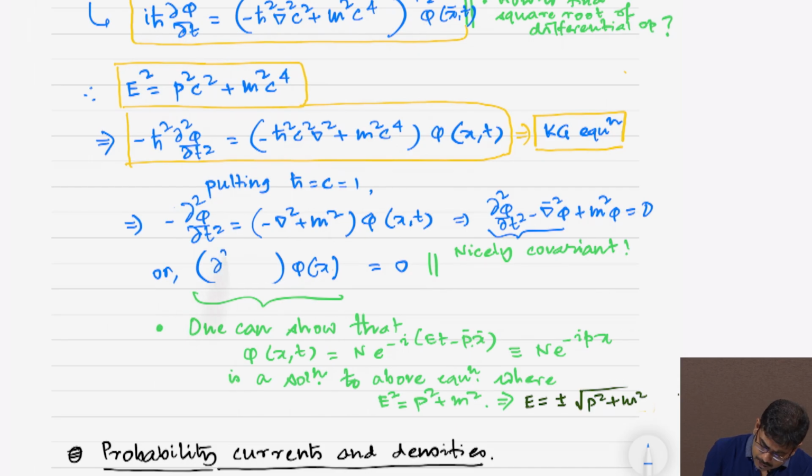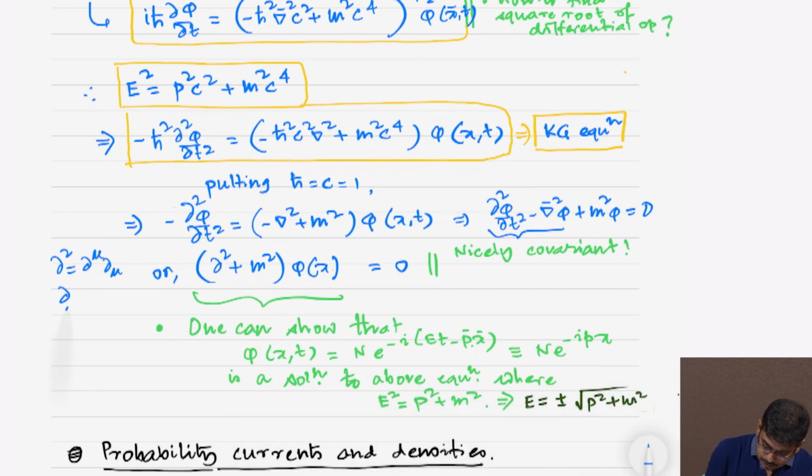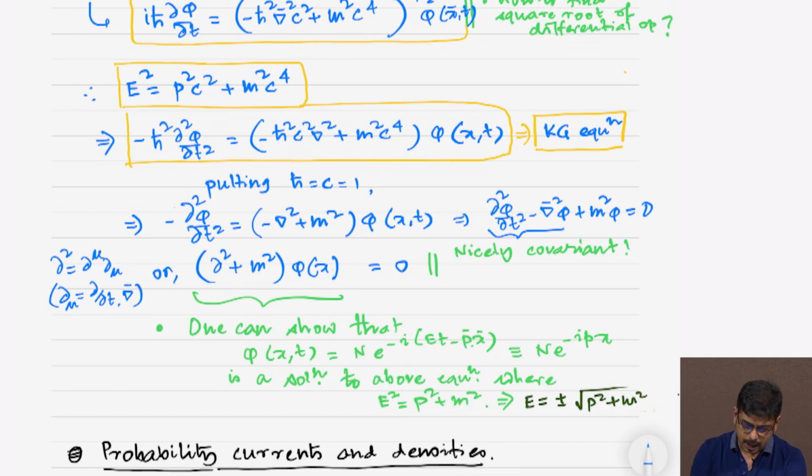So, this is nothing but del square plus m square, and this del square is what we defined as ∂_μ ∂^μ, the scalar product of the 4-derivative, where you remember that the covariant component was defined as ∂_t comma ∇. And then the contravariant one, because that will involve an operation with g^{μν}, will have a minus ∂_t comma minus the gradient, and therefore together ∂_μ ∂^μ will become ∂²/∂t² − ∇².